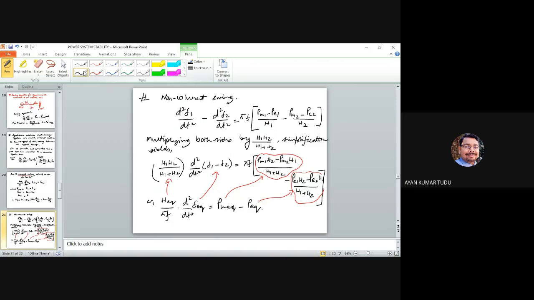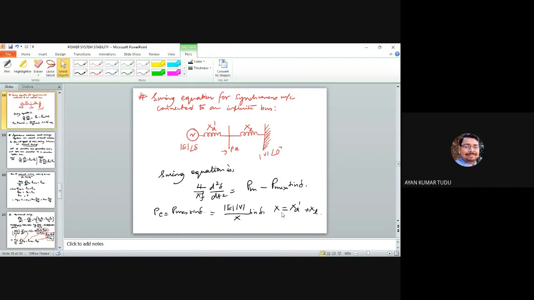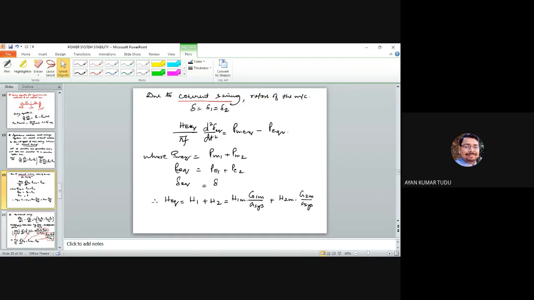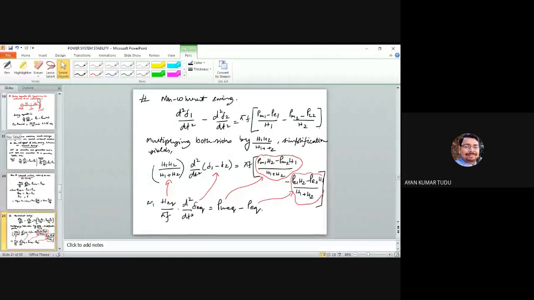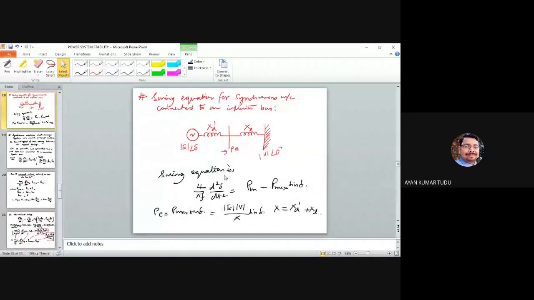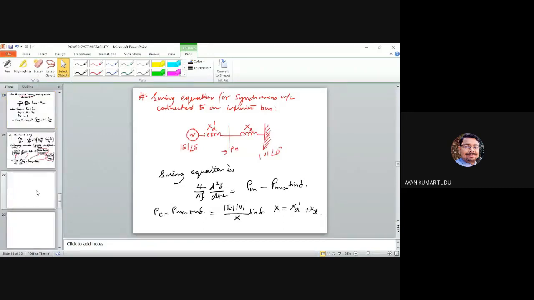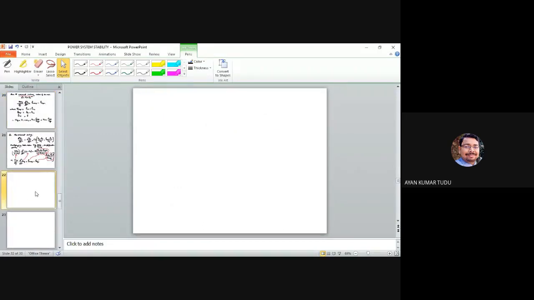These expressions are quite similar to the earlier expression. So both the coherent and the non-coherent swinging equations can be represented as a swing equation of a synchronous generator connected to an infinite bus. Both of them can be represented.